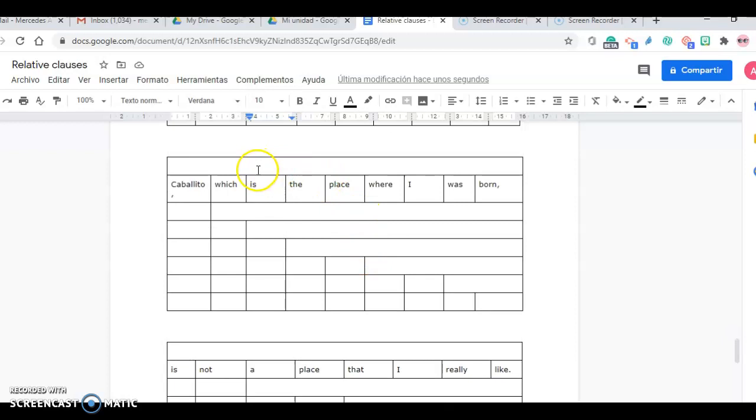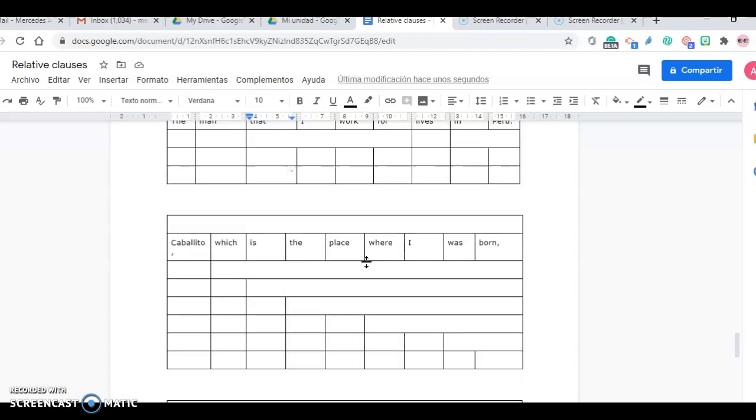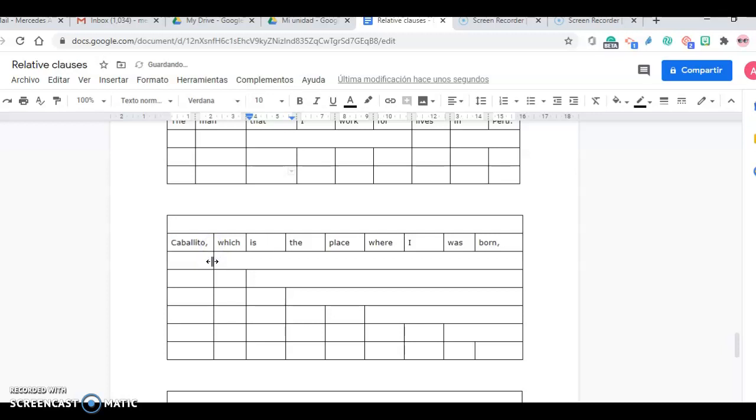Okay, now let's look at these very long sentences with a lot of embedded clauses inside. Let's see. Caballito, which is the place where I was born, is not a place that I really like. First of all, we have to say that for the first time we have a non-defining relative clause in the analysis, and there is something to say about it.